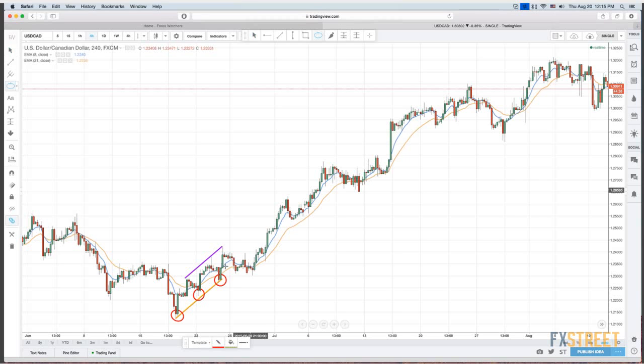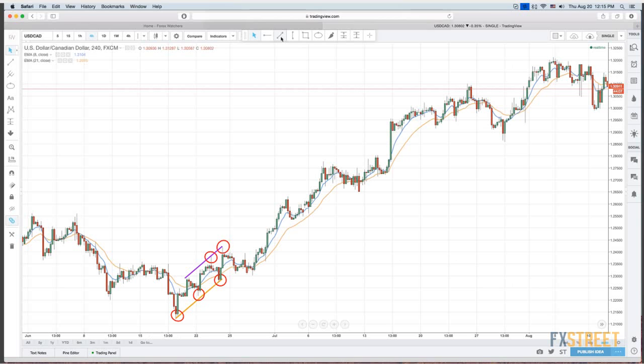And what does that mean when the resistance keeps rising? Also an uptrend, right? Okay. So, what are the two pieces we need for an uptrend? Higher highs and higher lows.